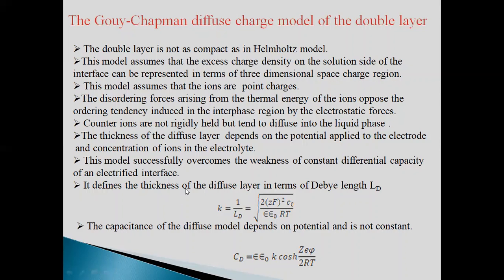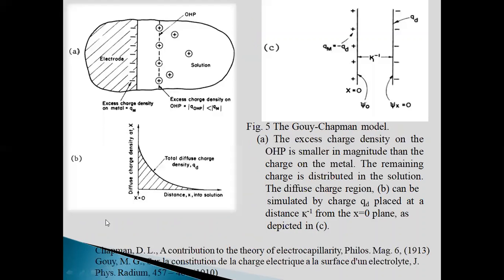So, as shown here, it also tells us about the thickness of the diffuse layer formed in this model, and it is given by the length kappa, which depends on the concentration of ions. So the capacitance is not independent of potential and the concentration of ion according to the Gouy-Chapman model. As shown here, the ions are diffused in the bulk of the solution.